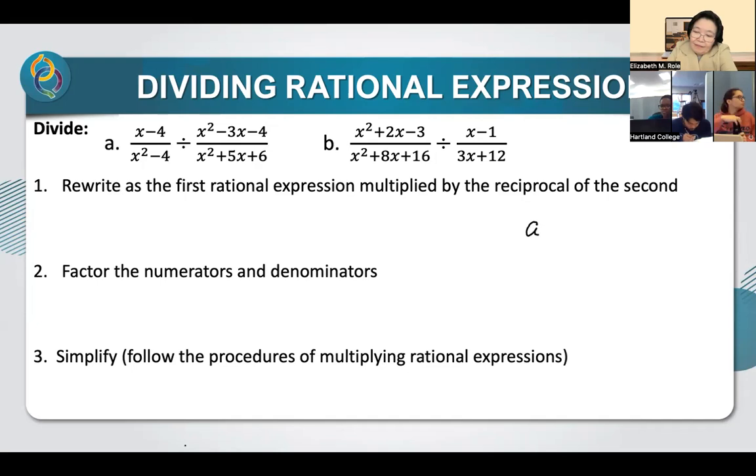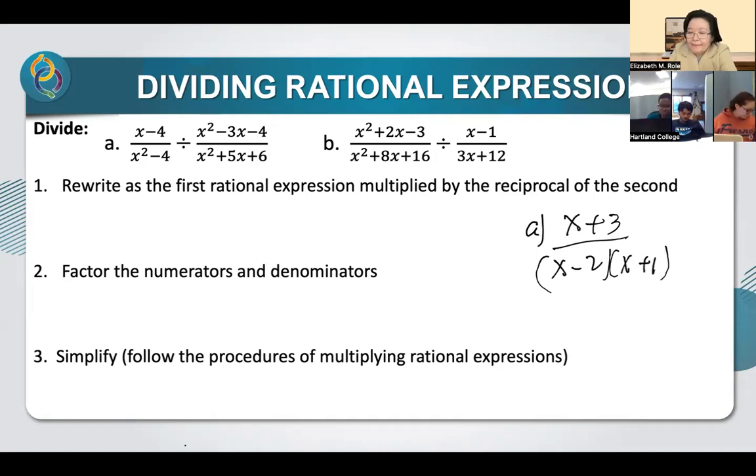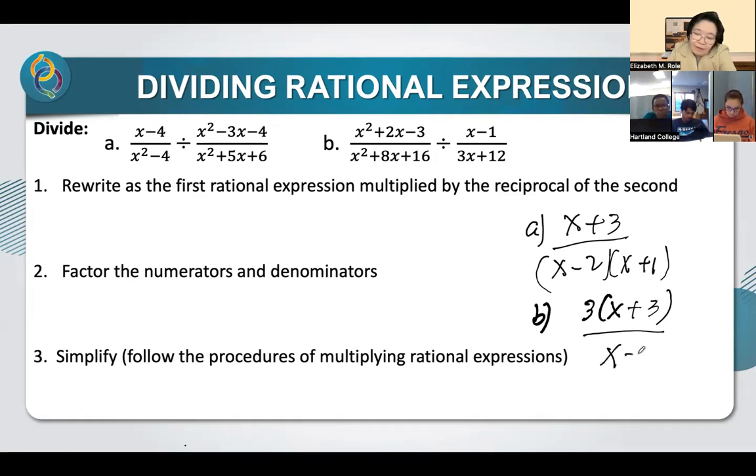So your answer for letter A is x plus 3 over x minus 2 times x plus 1. Yes. And for letter B, it is 3 times x plus 3 over x plus 4.